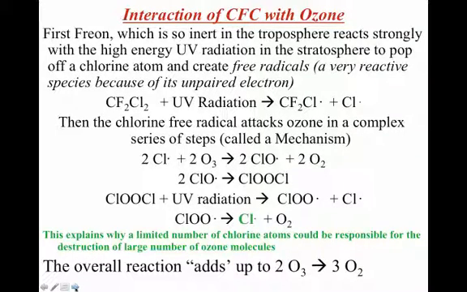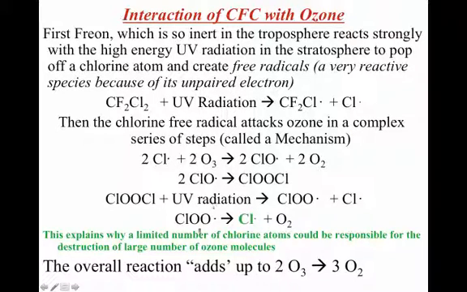So this slide explains the interaction of the chlorine free radical with ozone, which is O3, and it's a series of steps which is complex beyond the realm of this course. What I want you to notice, and I've mentioned it in the other video, is we start off with it, and at the end we end up with O2, which is the decomposition product of ozone, and the chlorine free radical is back.